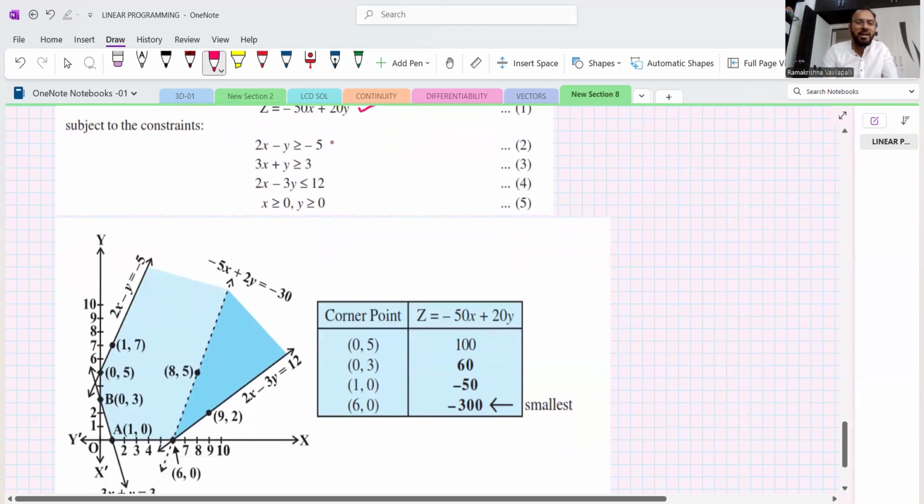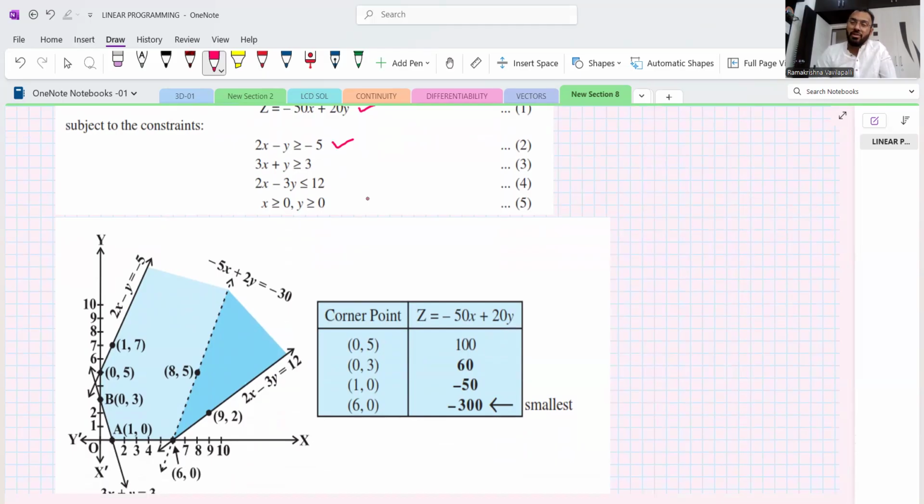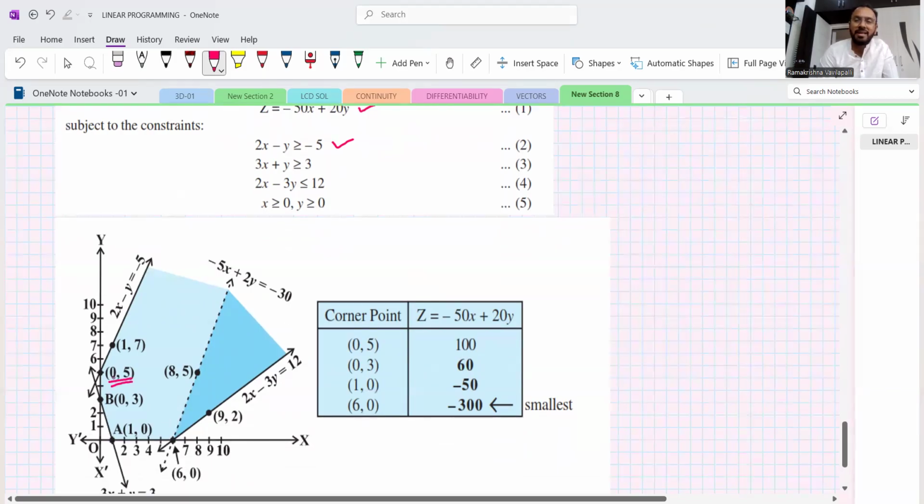First, you draw 2x minus y equal to minus 5. Put y equal to 0, the x-intercept is minus 5 by 2 and the y-intercept is 5. So this is the line.